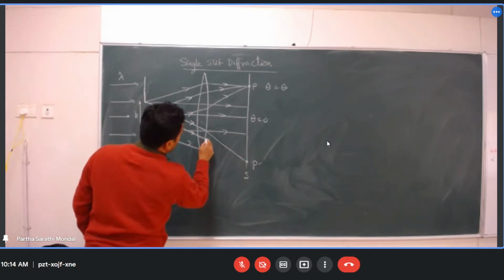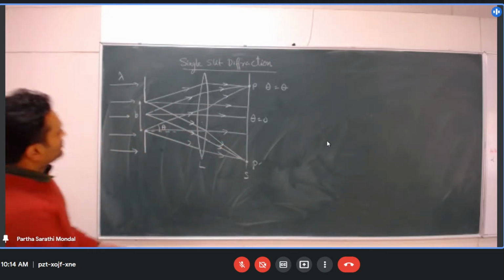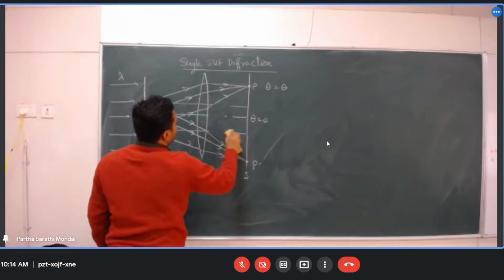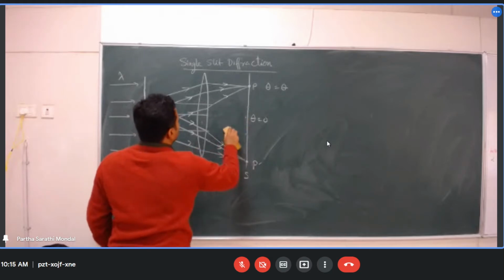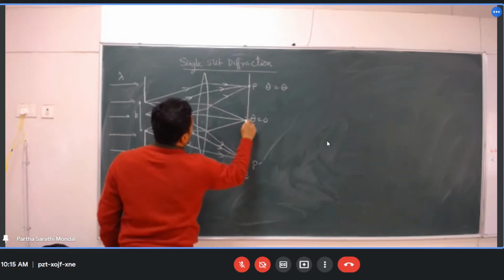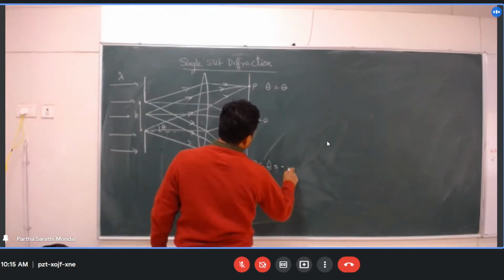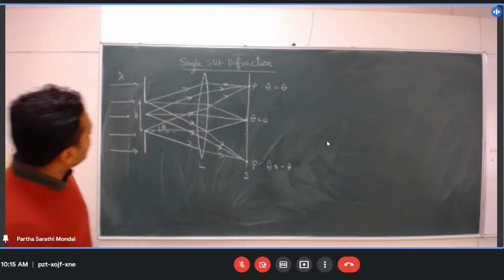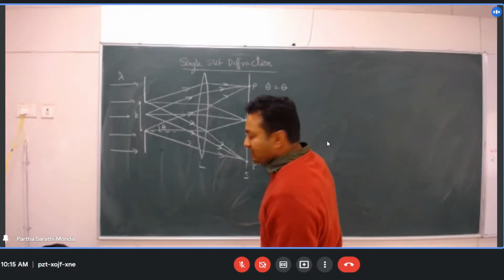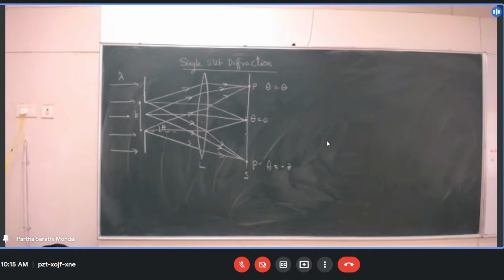It should converge at the focal point of the lens. These are parallel rays, so they should converge here at this point. If this is theta, then this is minus theta. So if I can find out the intensity as a function of theta, that will effectively give you the diffraction pattern on the screen. Do you understand what I am saying?